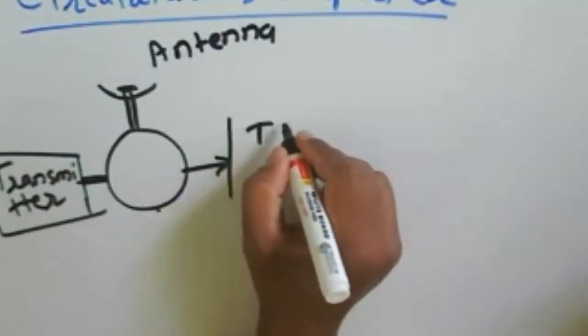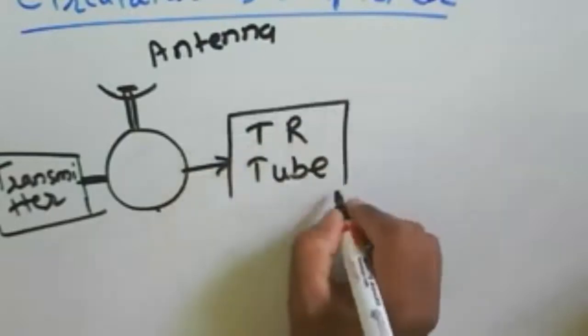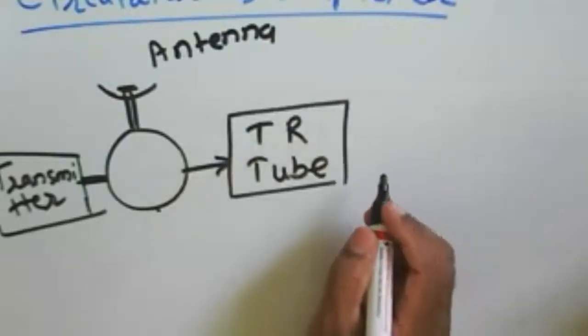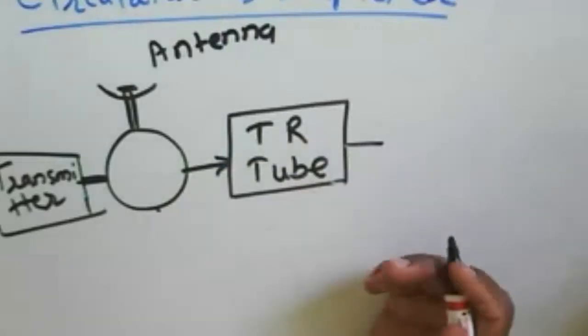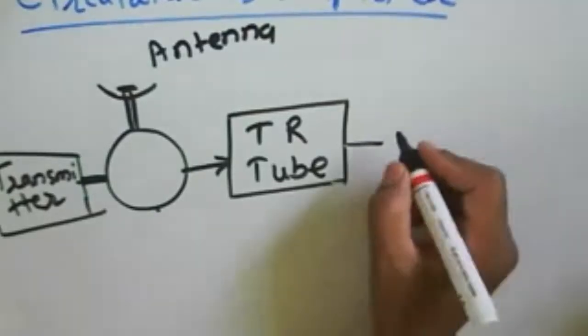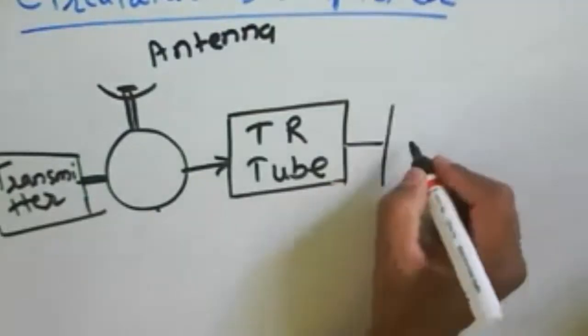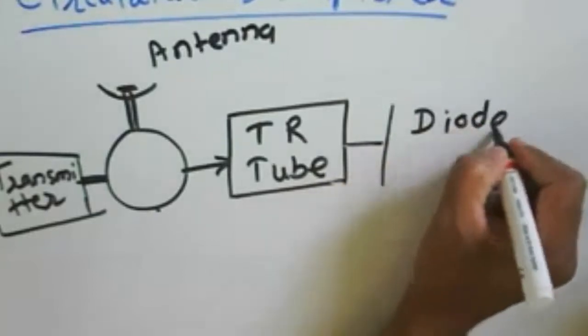In which we use a transmit receive tube. That tube is just to control the transmitted power so it does not reach the receiver. Okay, TR tube. Then we have a limiter for the receiver signal.